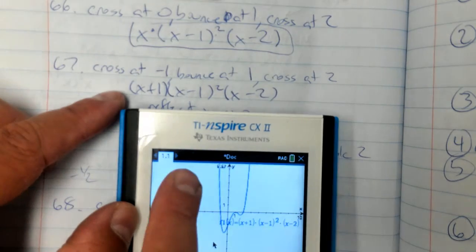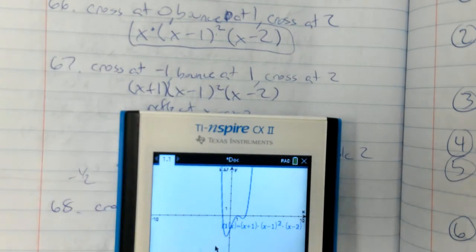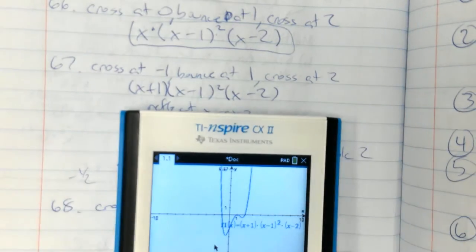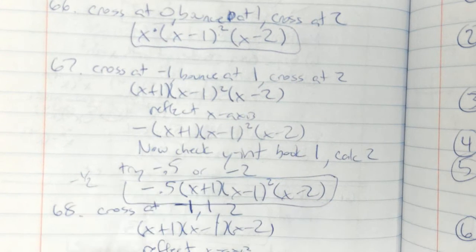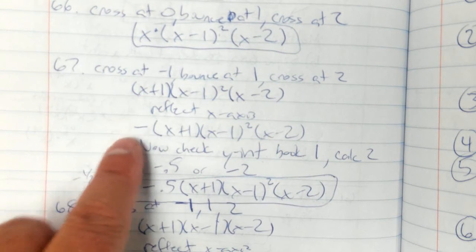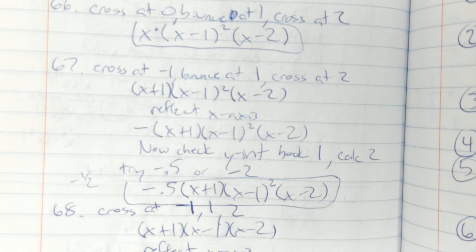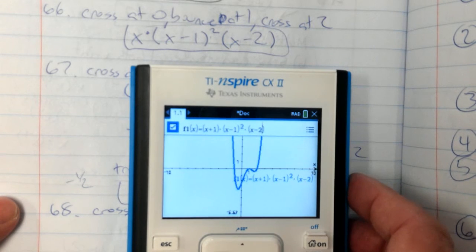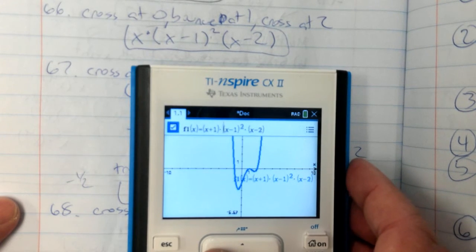So this starts high and comes down, but on 67 it starts low and goes up. So because of that, we needed to reflect the x-axis. So all I did is I stuck a negative sign in front, and then I needed to check my y-intercept after that. So let me stick a negative sign in front.